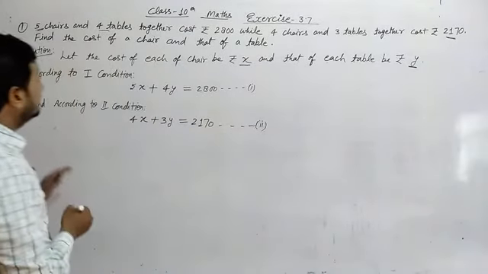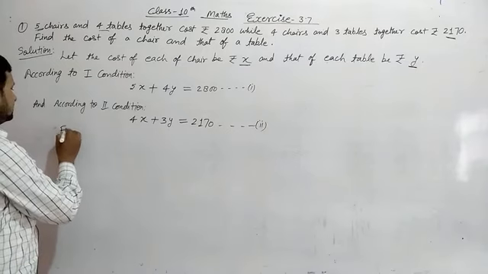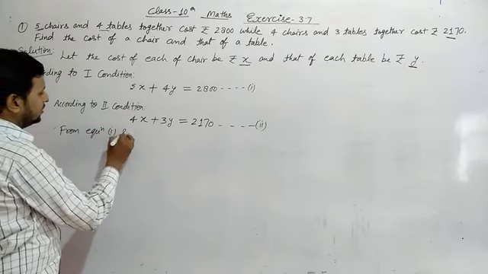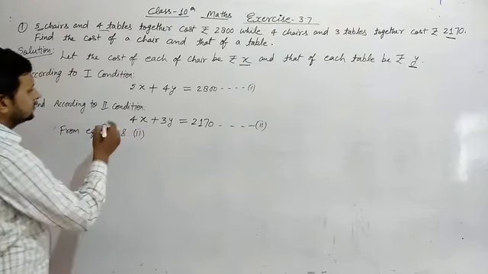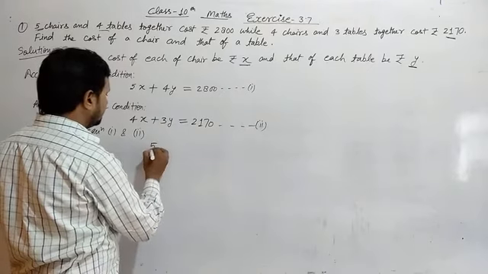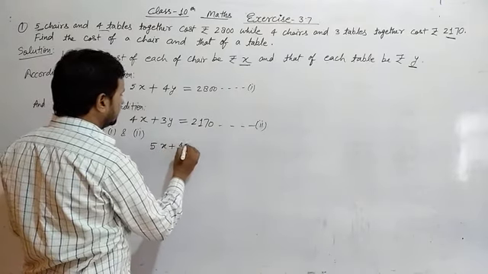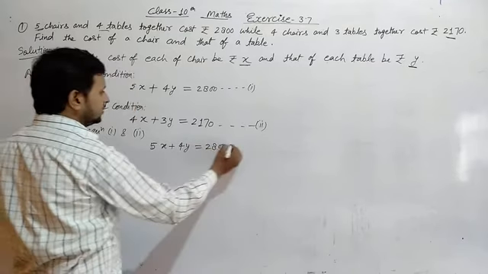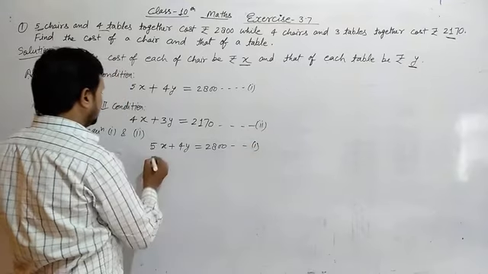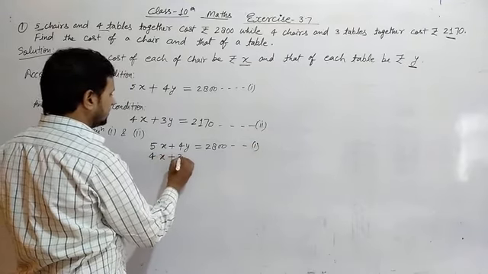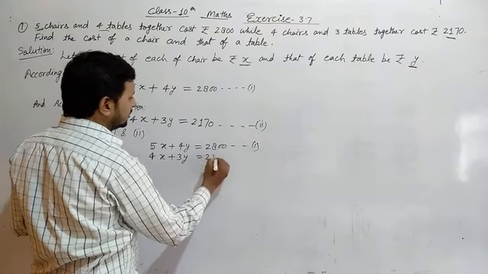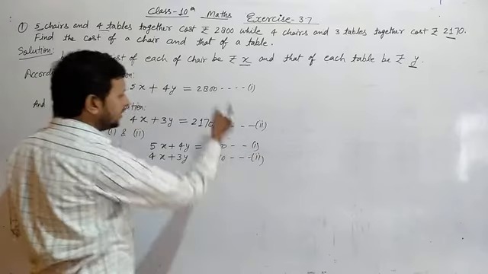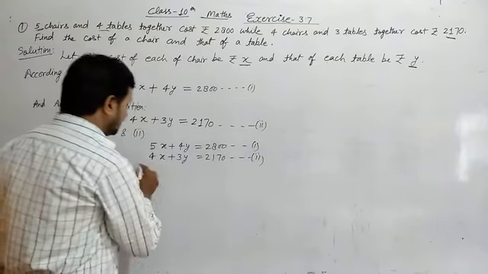Now we have to solve the first and second equations. We write here again 5x plus 4y is equal to 2800, and this was the first equation, and here 4x plus 3y is equal to 2170. This was the second.